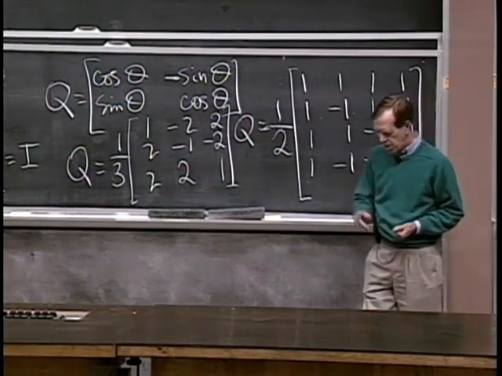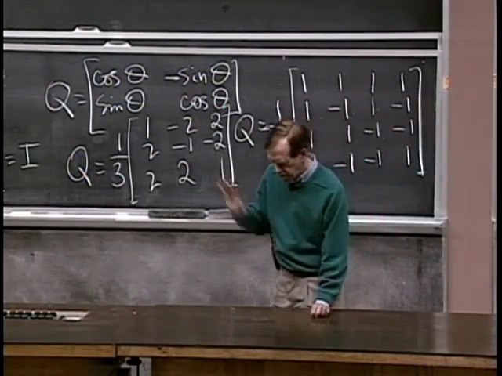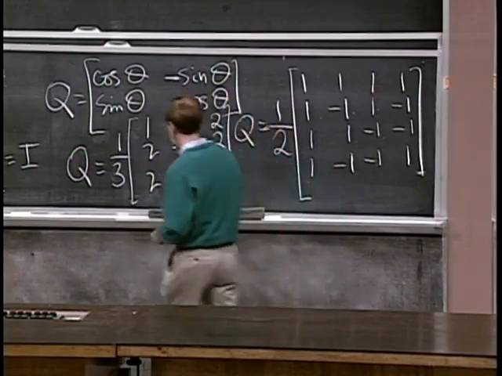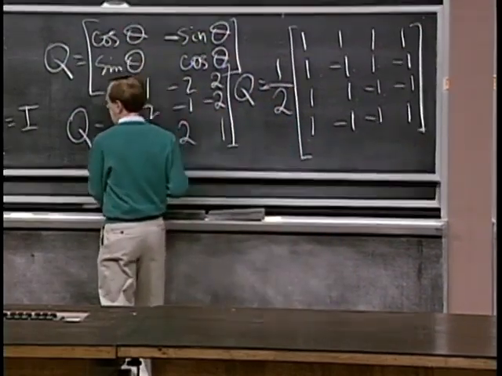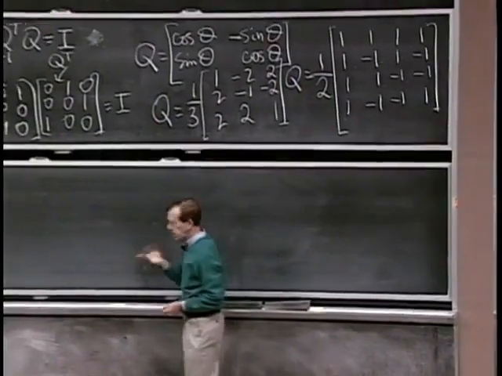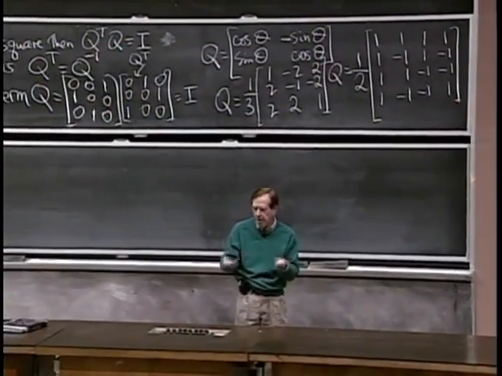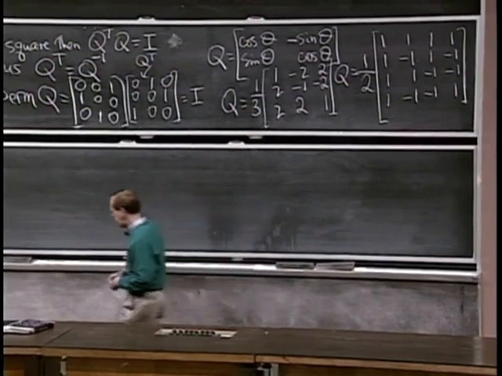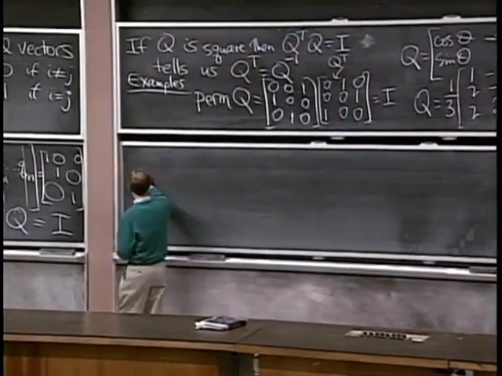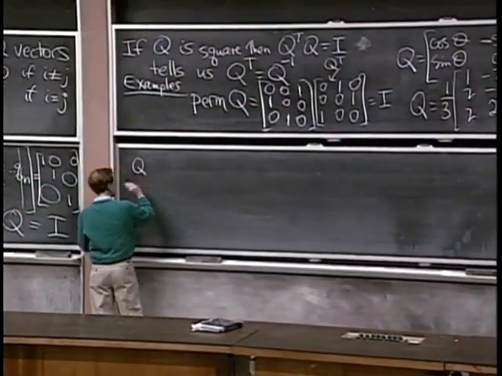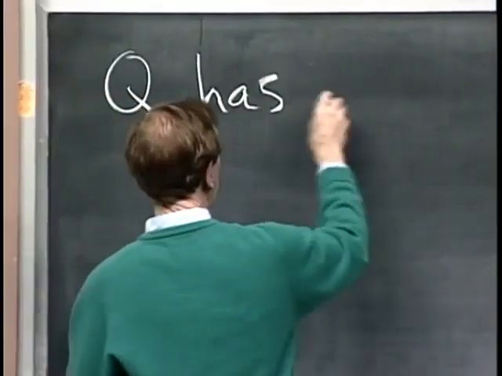Okay, so great. Now next question is, what's the good of having a Q? What formulas become easier? Suppose Q has orthonormal columns.